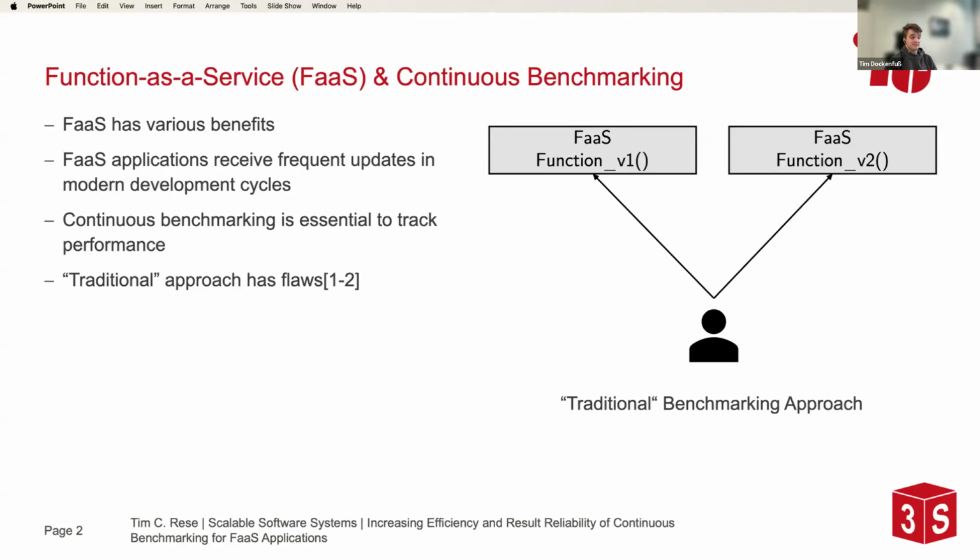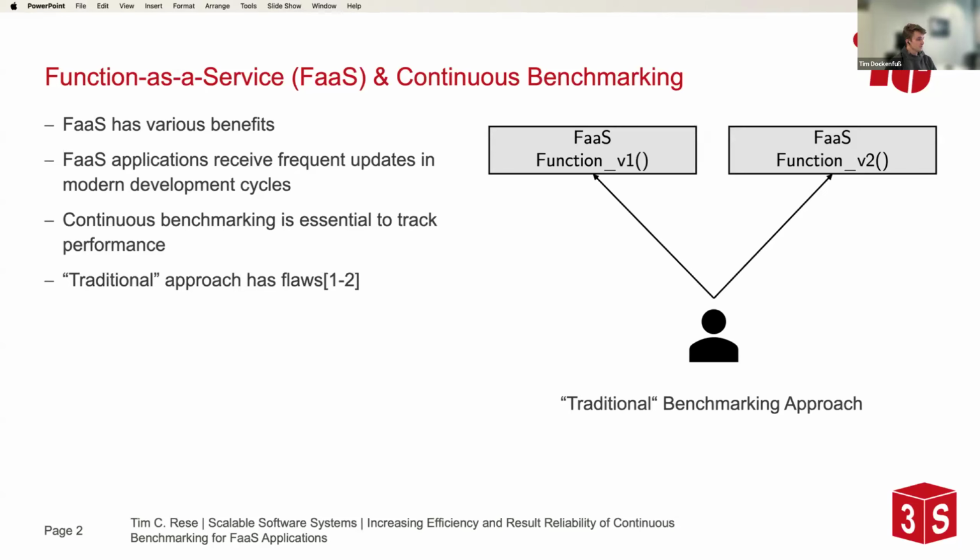Here, benchmarking is essential because the deployment pipeline normally contains testing, and testing is very commonly included as it makes sure that the code still functions. Benchmarking, however, is often not included, even though it is very important for FaaS applications, as one of the characteristics of FaaS is the pay-per-use model that we previously already mentioned.